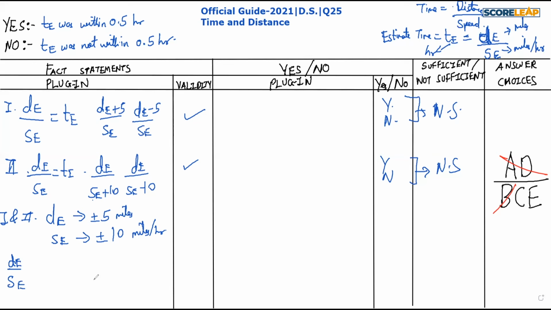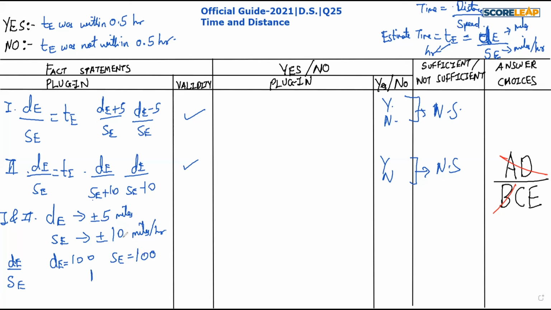So let us take some examples. Let us assume that DE is 100 and SE is 100. Okay, 100 is a very huge speed, but still, let us take 100 miles per hour. So DE by SE here becomes 1.